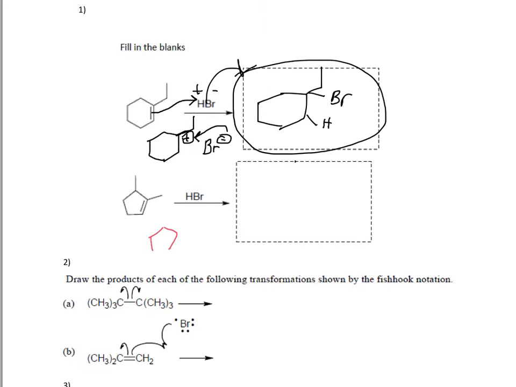You might have thought that the carbocation might go through some kind of hydride shift, in which case you would want to bring the hydrogen. You don't want to put two positive charges like that, but if you wanted to shift that hydrogen over to this position, that will give you another tertiary carbocation.